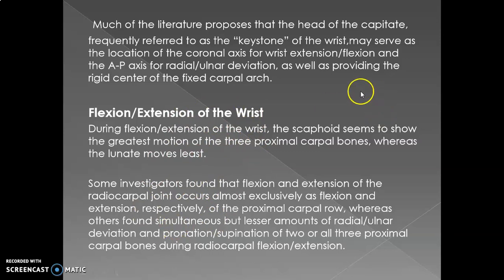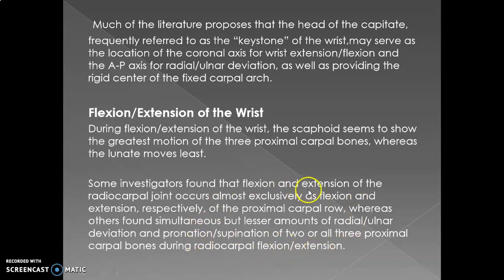Some investigators found that flexion and extension of the radiocarpal joint occurs almost exclusively as flexion and extension respectively of the proximal carpal row, whereas others found simultaneous but lesser amounts of radial and ulnar deviation and pronation and supination of the 2 or all 3 proximal carpal bones during radiocarpal flexion and extension.